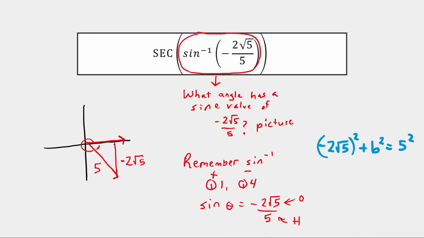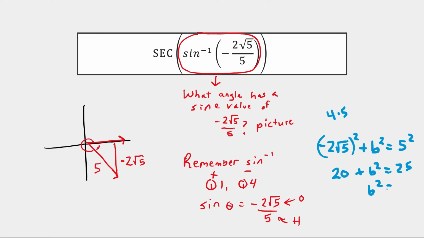Okay, so when we square the negative, it's going to turn positive. 2 squared is 4, and when I square the square root of 5, it's just going to give me 5. So this parenthesis part is going to end up being 20. And 5 squared would be 25.